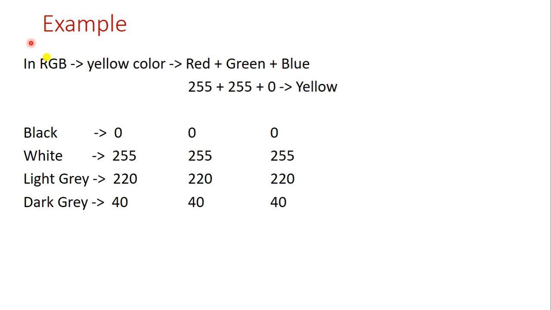We will see through this example how to generate yellow color by RGB. For red we put 255, for green we put 255, and for blue we put 0, then we get the color yellow.